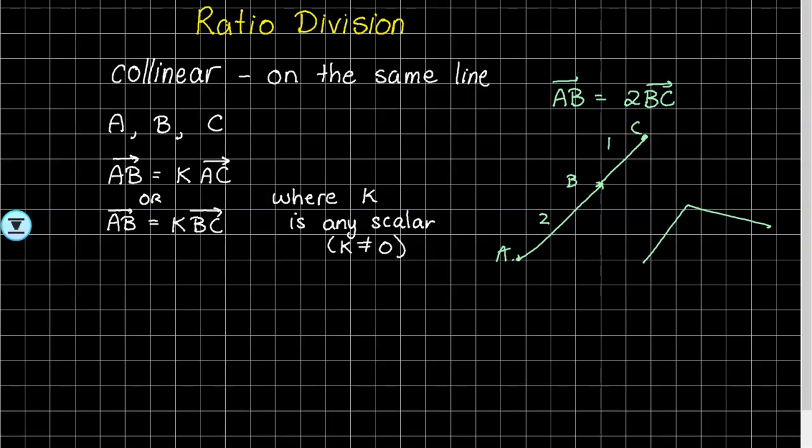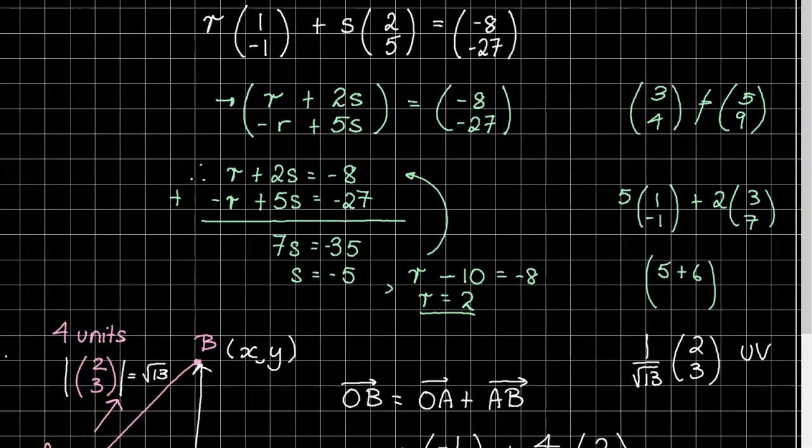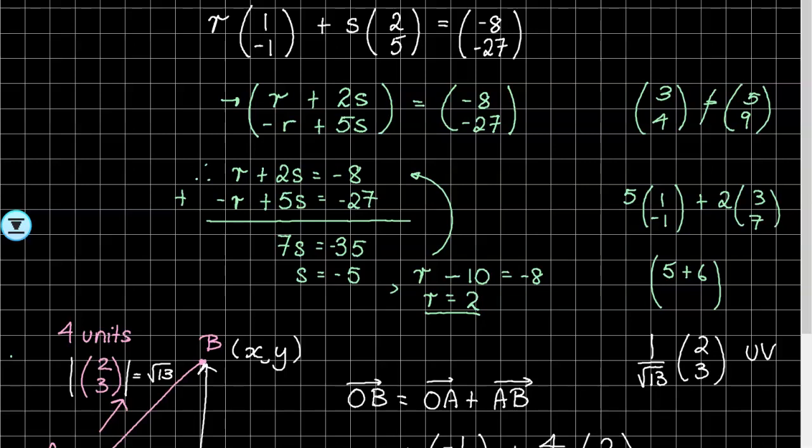So all you're going to need to do is, if they give you 3 points, work out the vector AB, and do we all remember how to find a vector between 2 points? We just take them, we just looked at that before, and I know it was an easy one because it was 0.